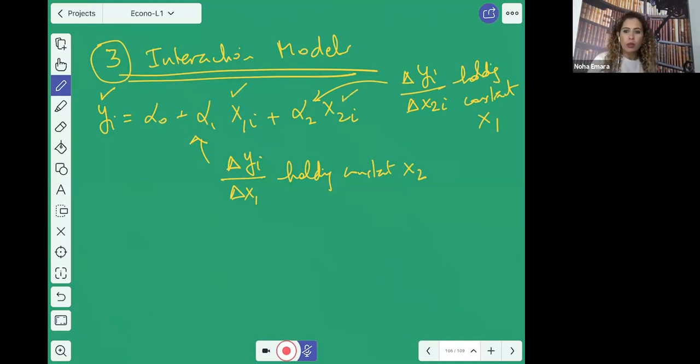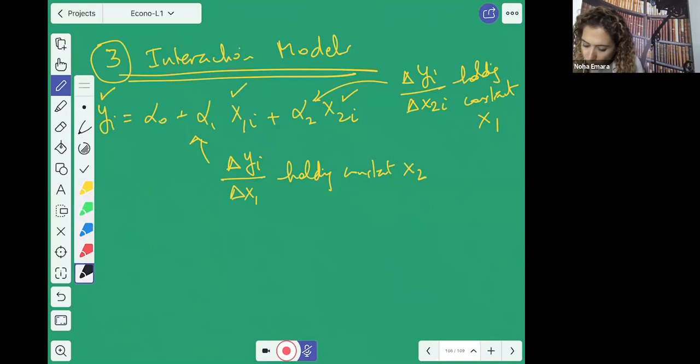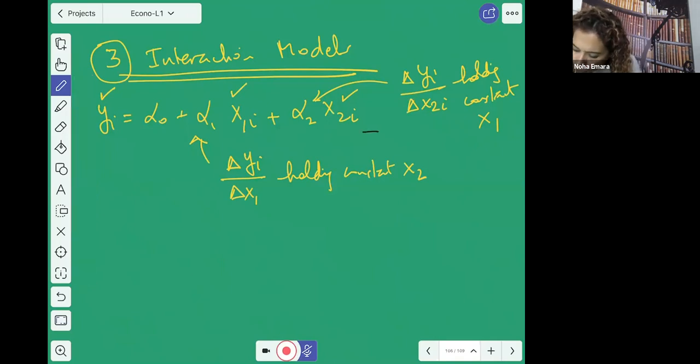So each one would have a separate effect on y, but I might be interested in their simultaneous effects. So what if I'm interested in certain years of education complemented with certain years of experience? I need two things happening at the same time. In order to do that, we will need to update this model by adding an interaction term, so plus alpha 3 x1i times x2i.